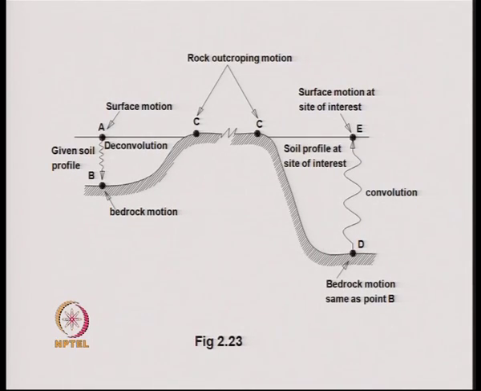In most of the cases, the ground records that are available may be on the surface of a particular ground, and that ground may have a particular soil property, and the soil property that exists for the site is different, that is at point E. Say for example, we are interested in obtaining the site specific spectrum, and at point A we have some ground record available.